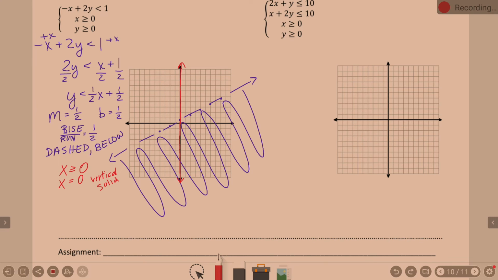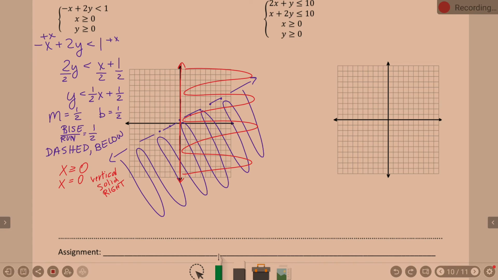Now, my question on shading, what choices do I give you? I say above or below. This is an exact vertical line. This is the one exception I make. When it is an exact vertical line, instead of above or below, you have to ask left or right. It's the only time you get to do this.